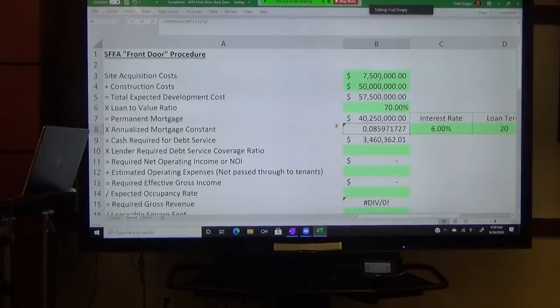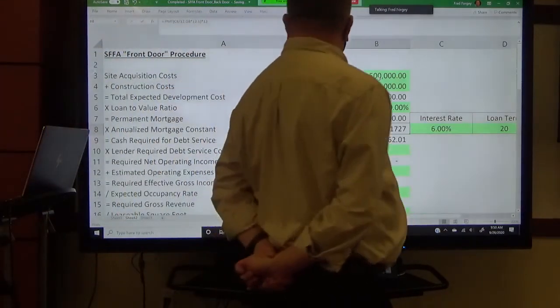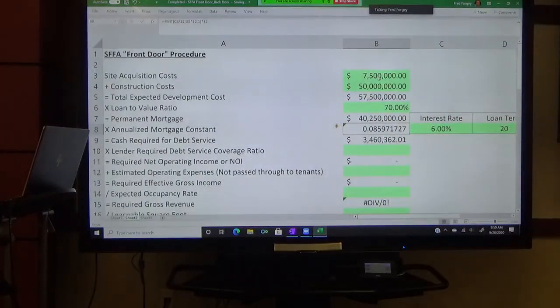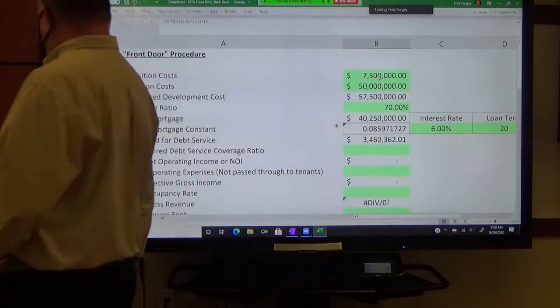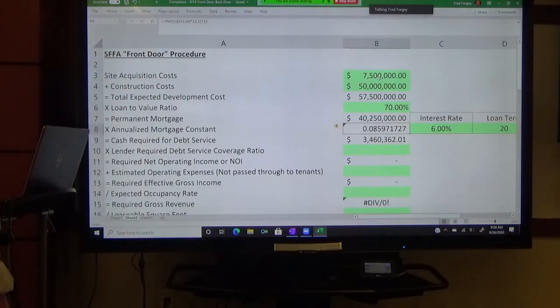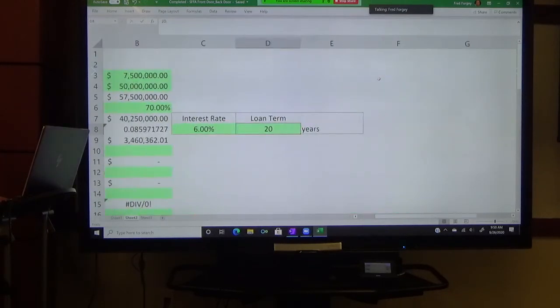Now, this is probably the one and only calculation that requires a teensy bit of effort on your part. To get the mortgage constant, here's what you're going to do. And this is where, unfortunately, trying to change between screens is not going to be an easy thing for me to do, so I'm going to try to do it over here.